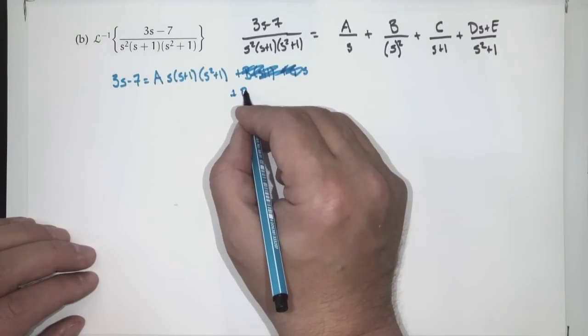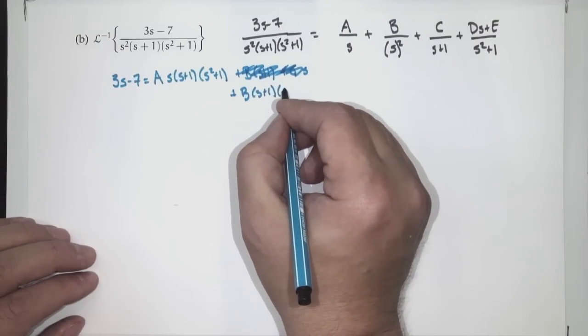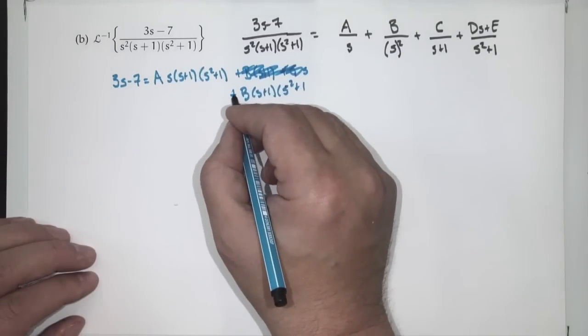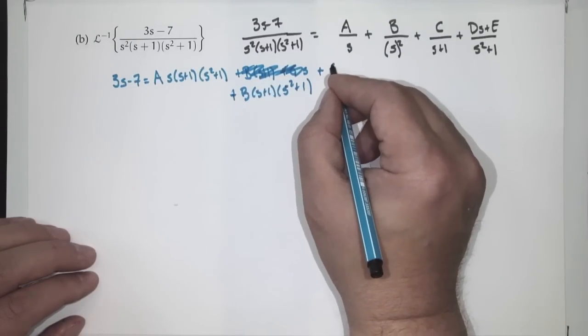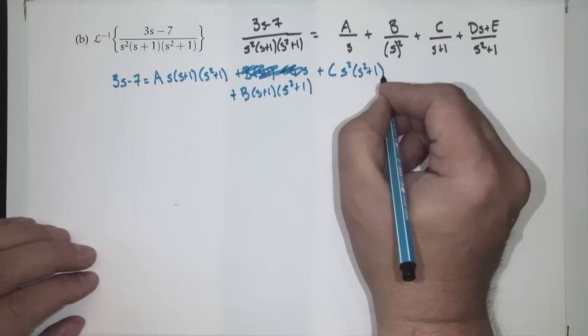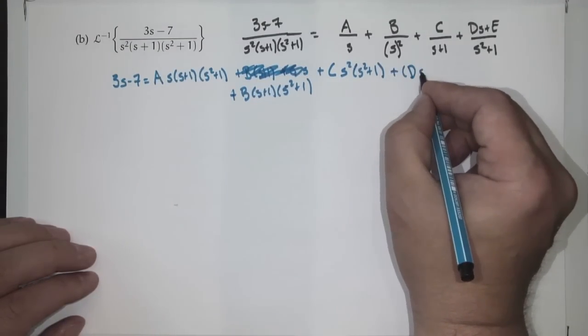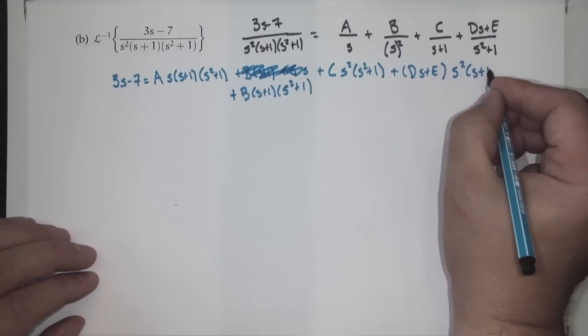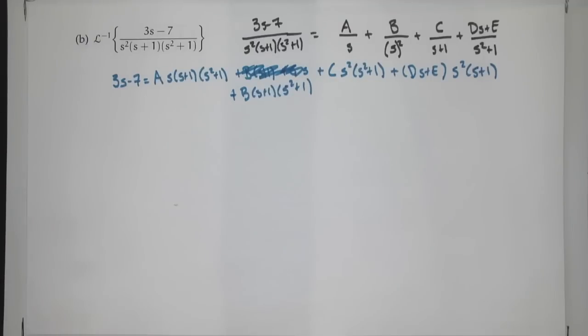Okay, so plus b times s plus 1 times s squared plus 1 plus c times s squared plus 1 plus d times s plus e times s squared times s plus 1. All right, good. Well, what should we do?